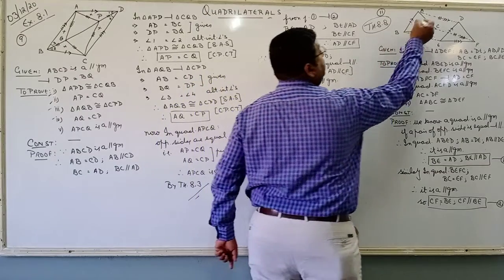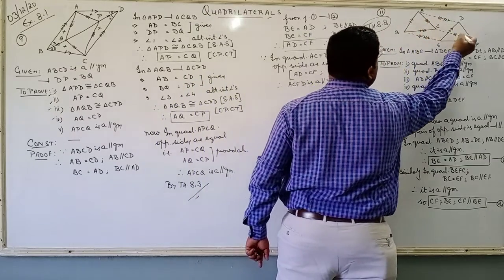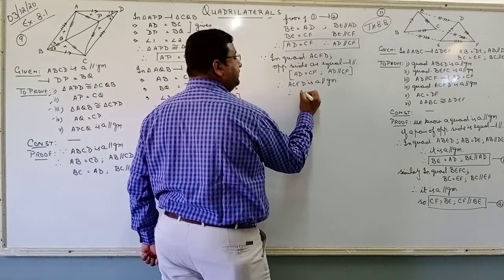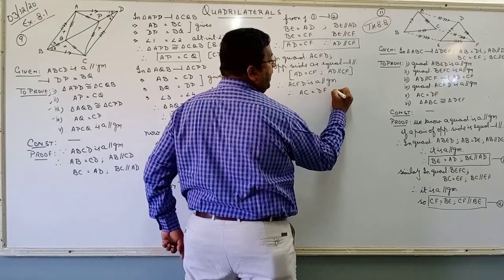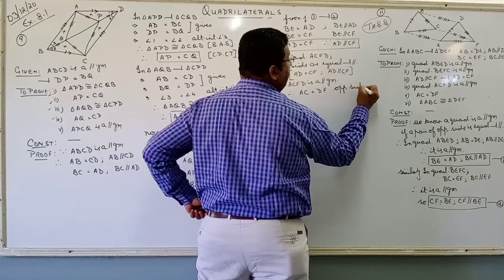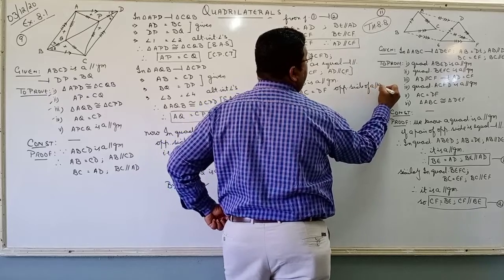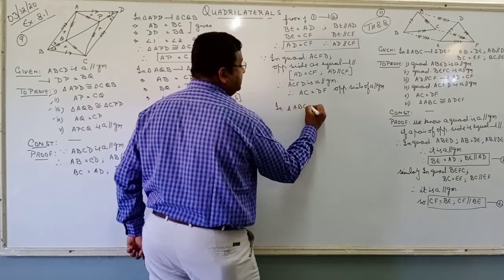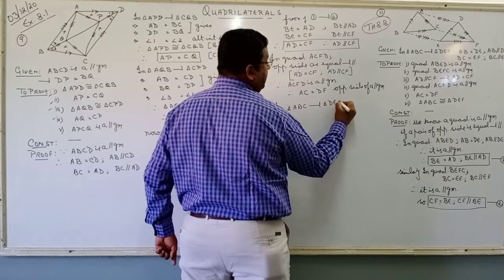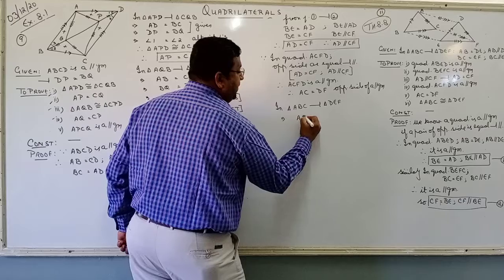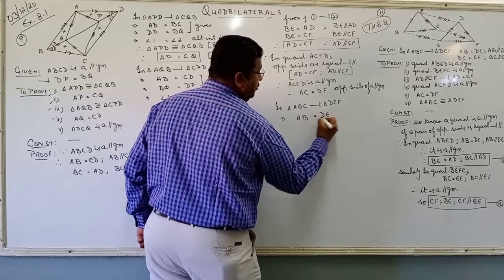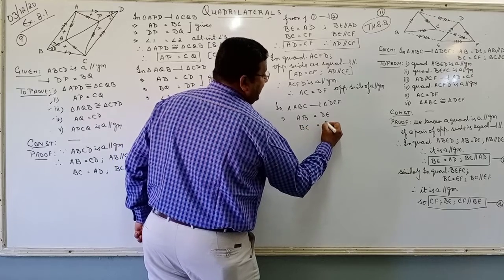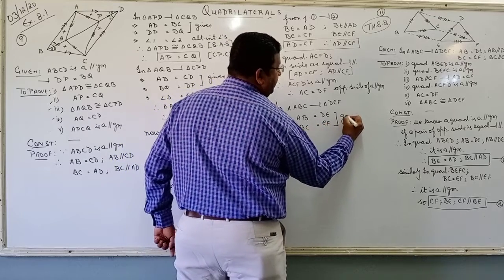Now, if it is a parallelogram, is this side also equal to this side? So therefore, AC is equal to DF, opposite sides of a parallelogram. And the last part: in triangle ABC and triangle DEF, AB is equal to DE, given to us, BC equal to EF, both of them given to us in the question.